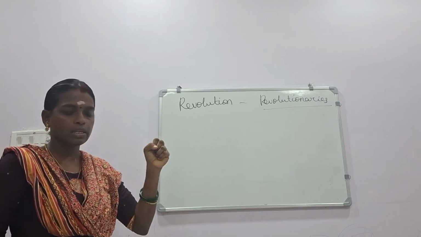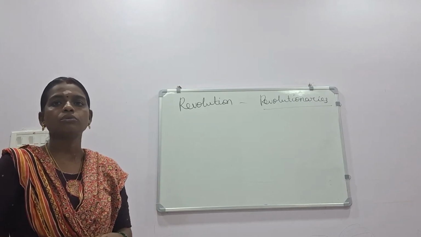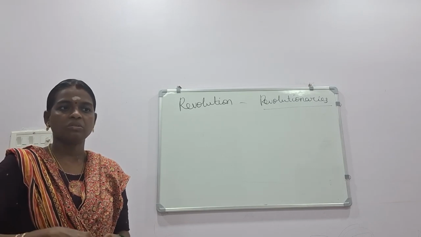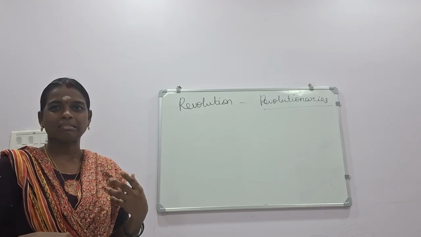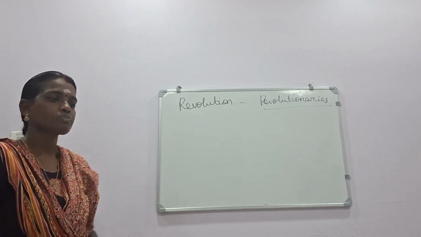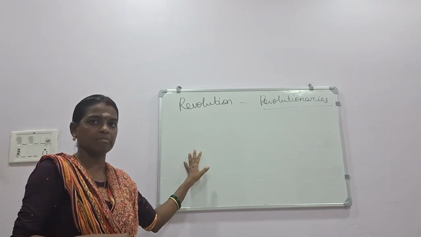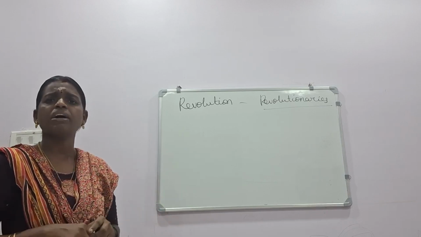Here, when this kind of harsh rule was there, they formed underground organizations or secret societies. Nowadays, we know some secret societies are there, and they do something that news is spreading around us. The same thing was happening there at that time. Especially many secret societies were formed.